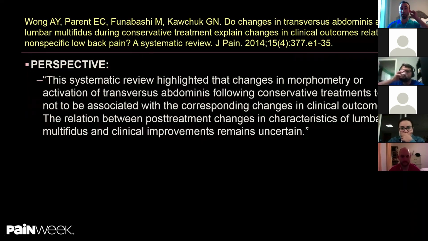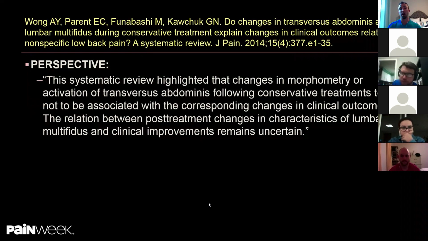So, do changes in transverse abdominis and lumbar multifidi during conservative treatment explain changes in the clinical outcomes related to nonspecific low back pain? Now we've moved on. We have a systematic review showing us the exact same thing as the previous studies have shown us.